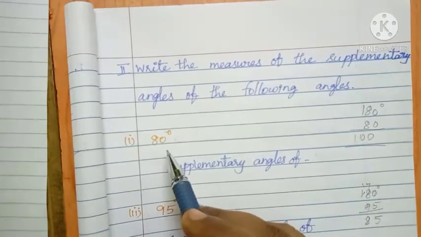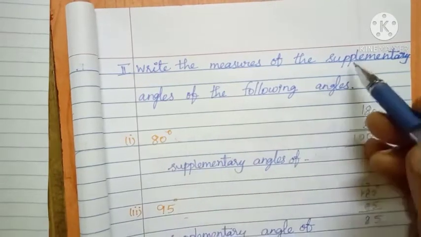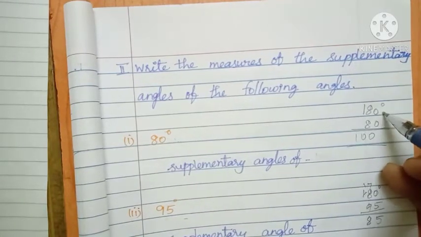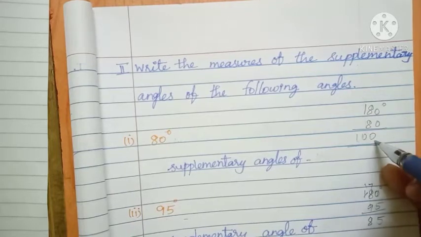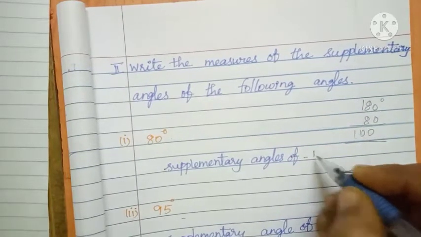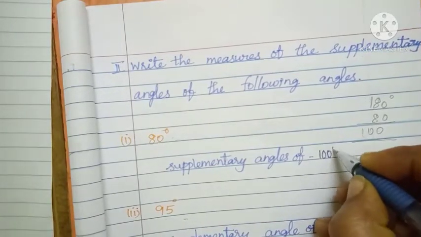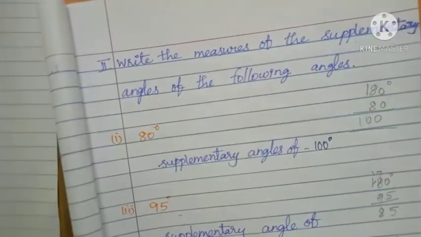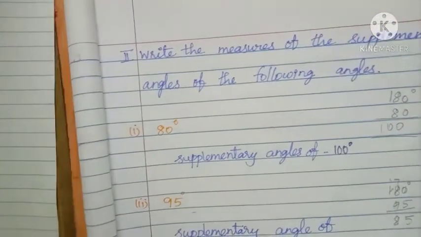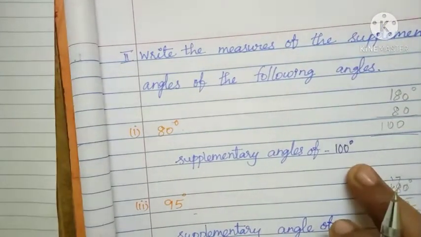First sum 80 degree. So the supplementary angle is 180. So 180 subtract 80. You get the answer 100. 100 degree is a supplementary angle.